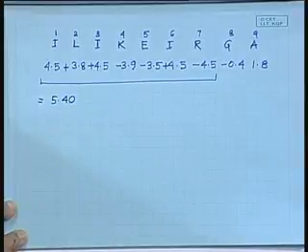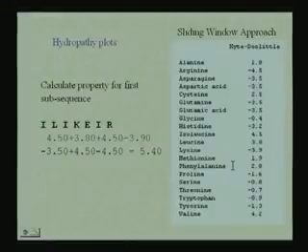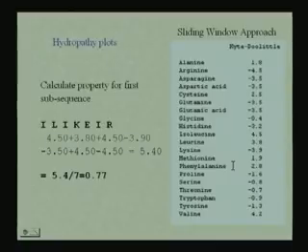We go back to the slides here. We have the total as 5.4. We want the average of this, so we divide by 7, 0.77. This is assigned to the central residue.